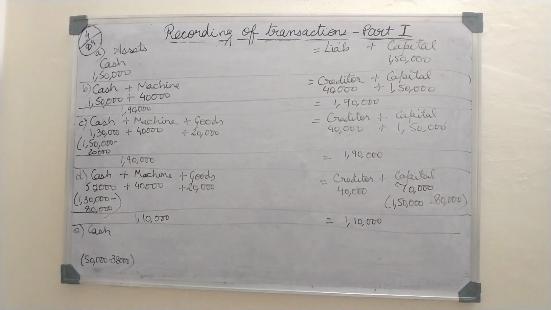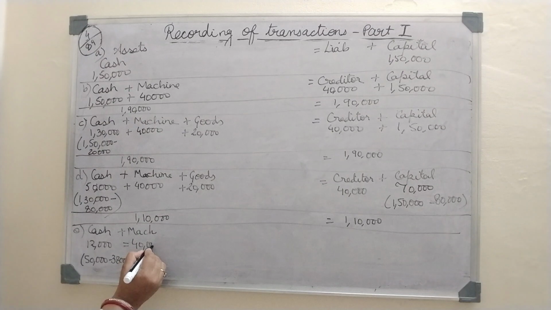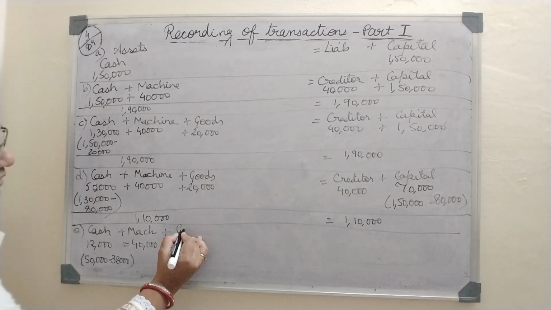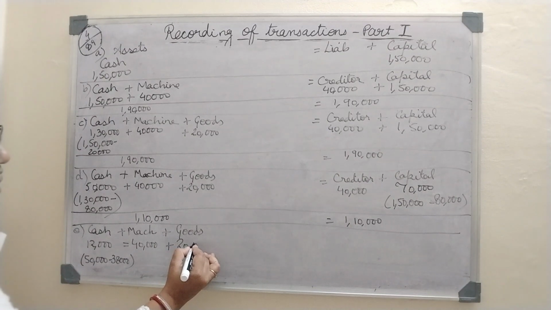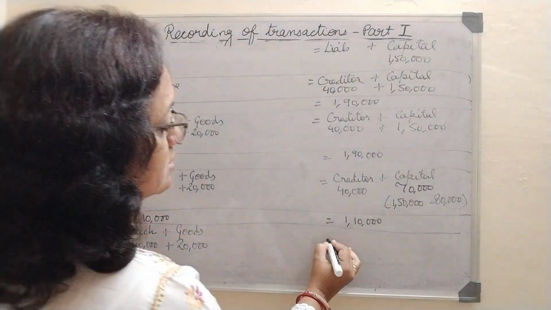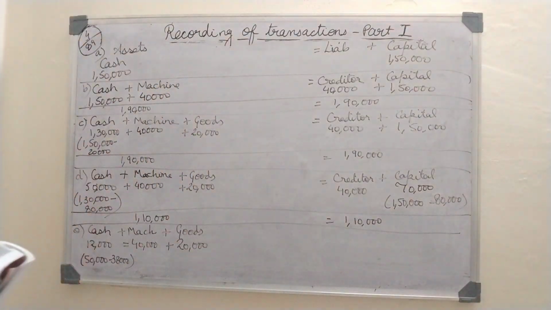I have paid to them 38,000. So it comes to 12,000 plus machine is 40,000. Goods are of 20,000. Now creditors will not come, right? So that is reduced from there.